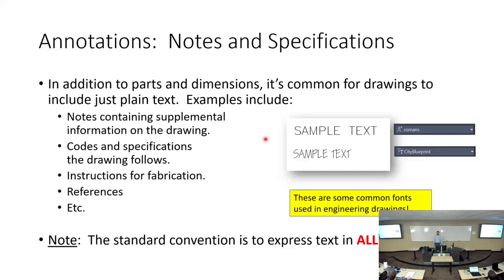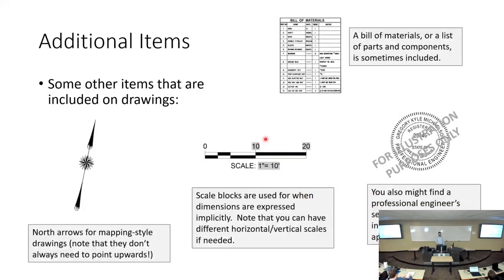Architectural or blueprint type drawings sometimes use blueprint fonts, which are kind of fancier. This is a city blueprint font that I've seen a lot on residential and commercial construction drawings. So we might use both. We'll definitely use Roman S quite a bit, but city blueprint we might use here and there.